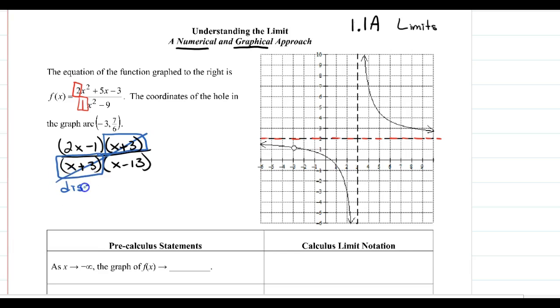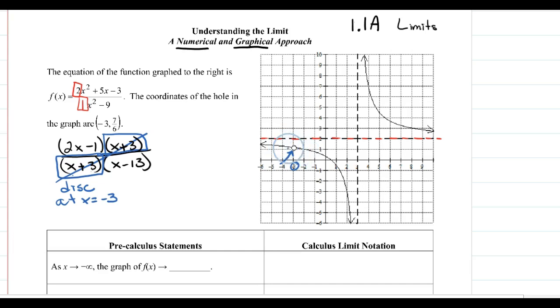It is a discontinuity because if x equaled negative 3, then I would have negative 3 plus 3 is 0. 0 times anything is 0, and I would have 0 in the denominator. So I see this point discontinuity here at x equals negative 3.